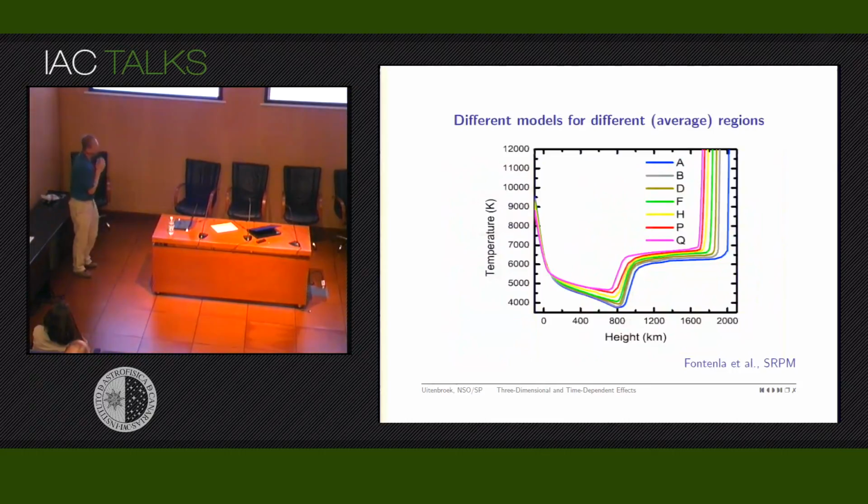They almost coincide deep in the atmosphere. They go to a temperature minimum, a chromospheric plateau, and then a transition region where the temperature goes from about 7,000–8,000 degrees to eventually 1,000,000 degrees in the corona.